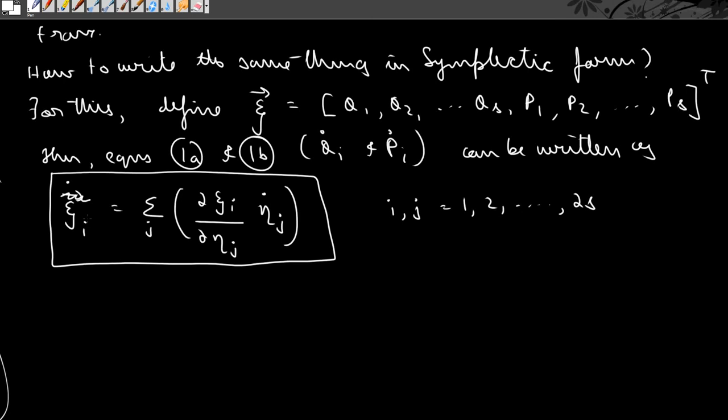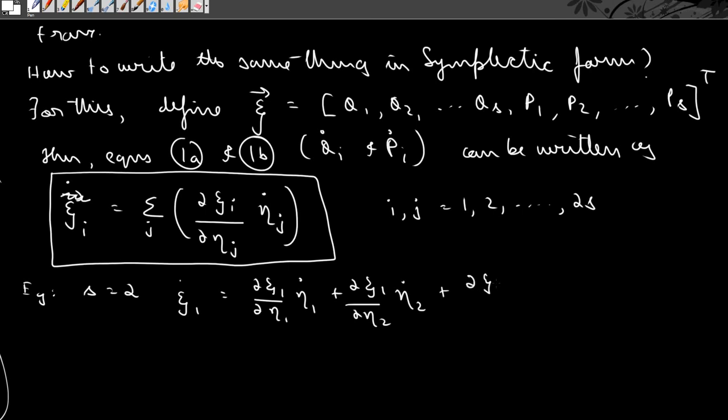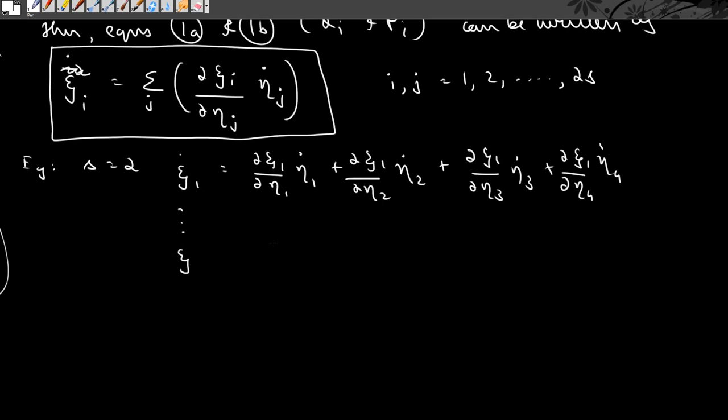So for example, consider s equal to 2. Then my psi 1 dot will be equal to dou psi 1 by dou eta 1 dot plus dou psi 1 by dou eta 2 dot plus dou psi 1 by dou eta 3 dot plus dou psi 1 by dou eta 4 dot, and similarly I can go on till psi 4 dot, which is given by dou psi 4 by dou eta 1 dot, and up till plus dou psi 4 by dou eta 4 dot.